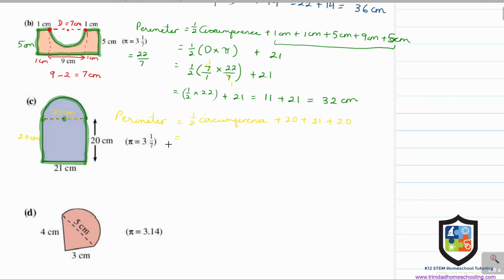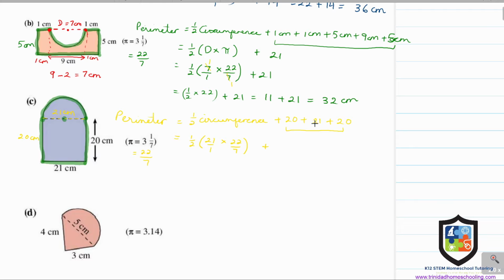Alright. Again, they want us to use pi as 22 divided by 7. A half of our diameter is 21. Our pi is 22 divided by 7.